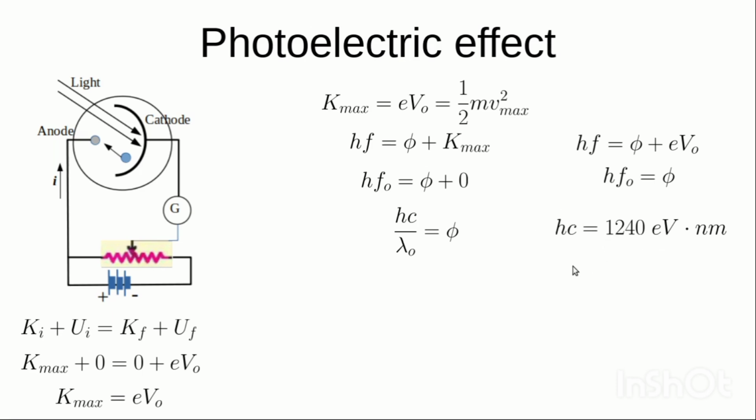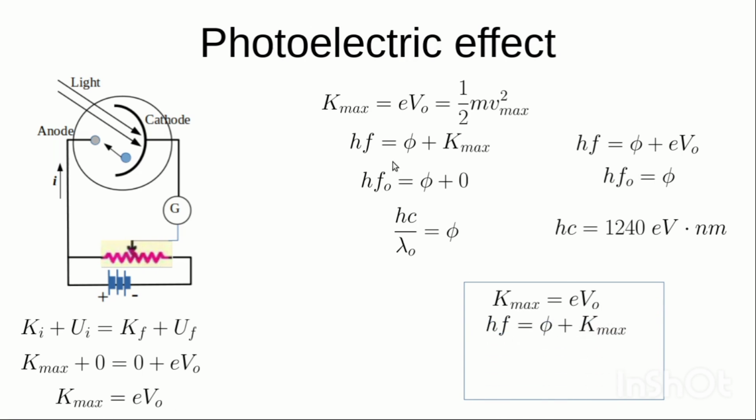Okay, so now that we have established all the formulas needed to solve problems under photoelectric effect, let's summarize all the formulas again. The first one is this, which was got from this one. The second one is this, which was got from this point. The third one is this, and the fourth one is this particular one.